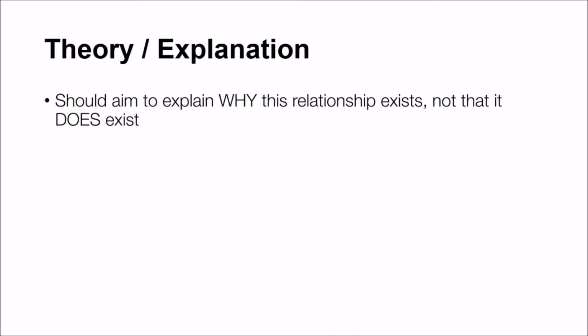Okay. So theory and explanation, again, I want to hit this because I think a lot of you might have to fix this. It should explain why this relationship exists. Why does X influence Y? It shouldn't be just that I see that X is correlated with Y. That's fine, and hopefully it is for you, because that's why you want to study it. But the important part is, why do you expect to see this relationship?